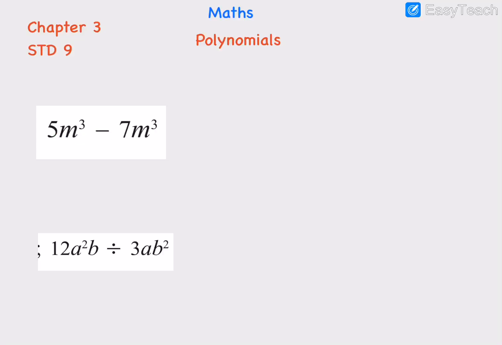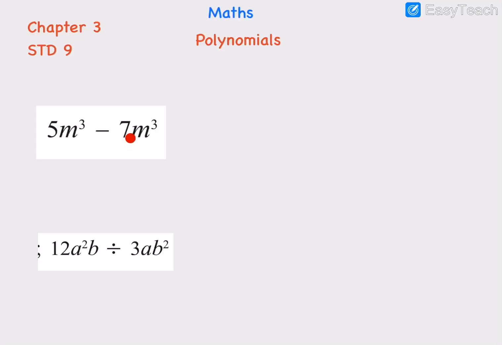So we can do the subtraction here, since it is m cube in both the terms. How will we do the subtraction here? We will subtract between 5 and 7 in these algebraic terms.